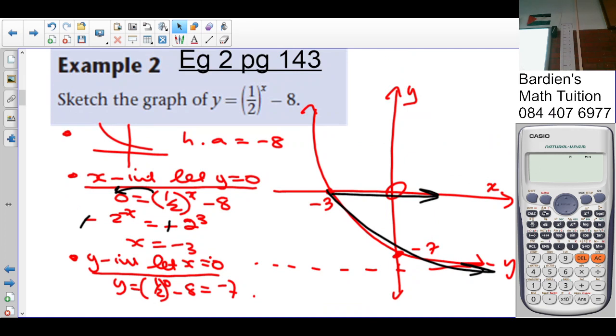Then for homework, the sum I wanted you to do is exercise 5.5. I want you to do number 3 and 4. Exercise 5.5, number 3 and 4. You can start with it now, no?